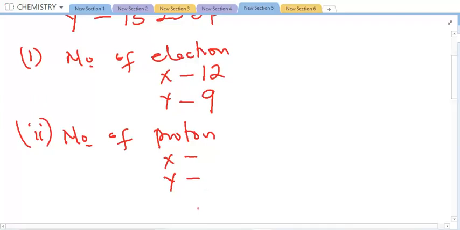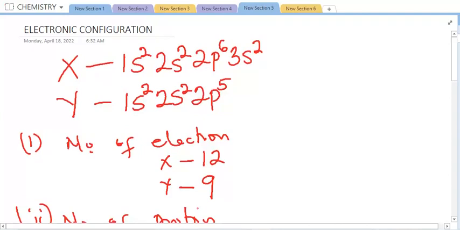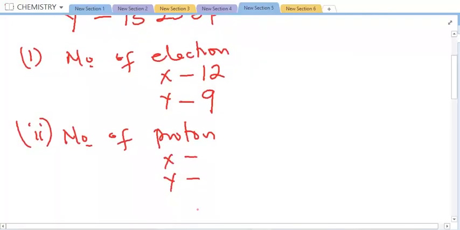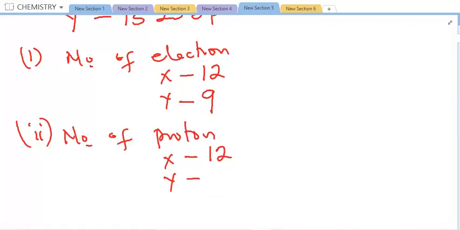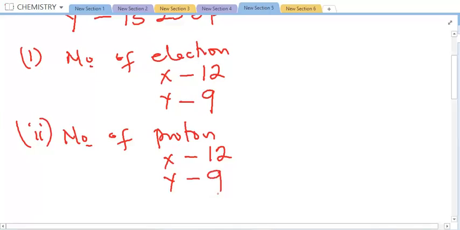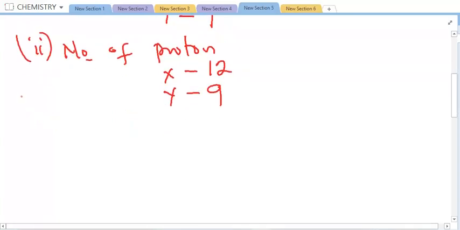But in this case, these are neutral atoms. So the number of electrons will also be the same as the number of protons. So you can repeat the answer to the first one. The number of protons here will be 12, and here will be 9.